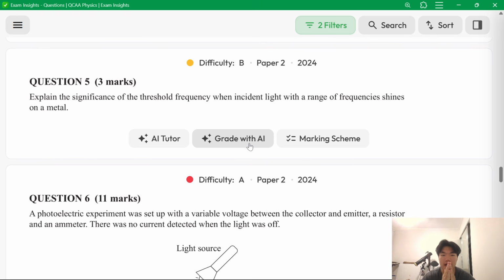When incident light has a frequency lower than the threshold frequency, the incident photons have insufficient energy to allow the electrons to ionize and escape the surface of the metal.